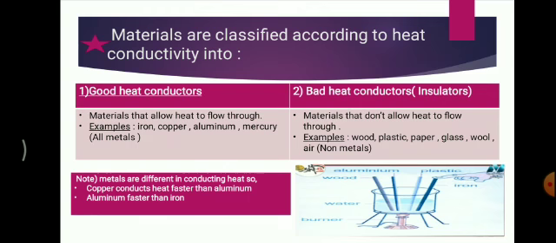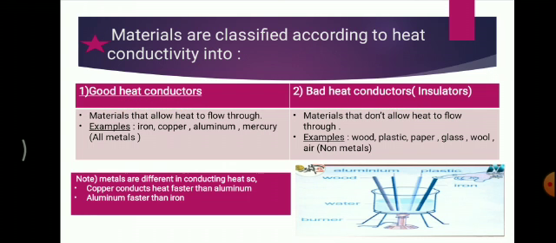Again, the materials are classified according to heat conductivity into how many types? Two types. Number one is good heat conductors, and the second is bad heat conductors. What is the difference between them?